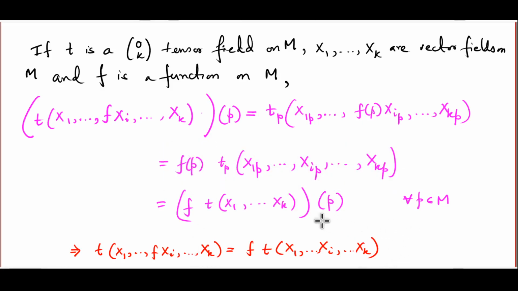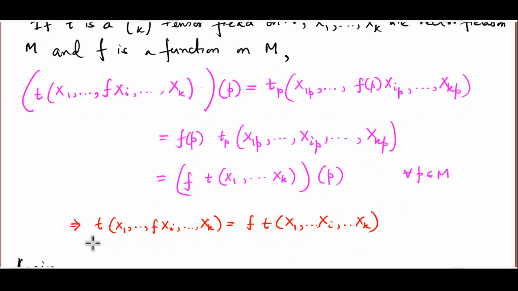And since this is valid for all p at which the tensor T is defined, could be the entire manifold, what we end up with is this result that the function you get when T acts on x1, x2, xk with xi, the ith argument here, multiplied by the function f, is the same as the function f multiplying T with just x1, x2, xi, xk as arguments.